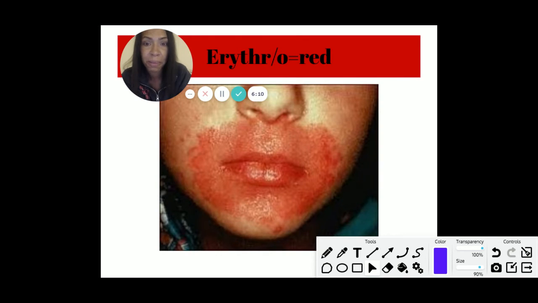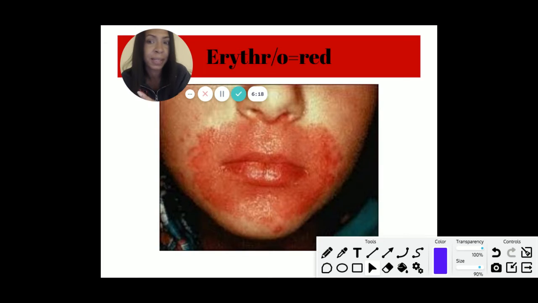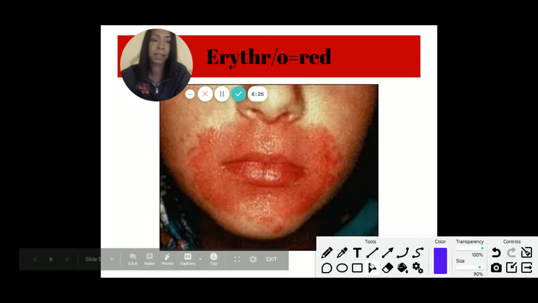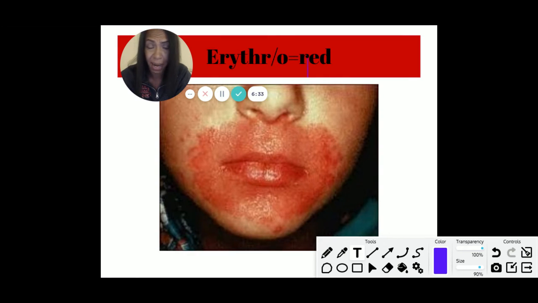Okay, so you probably came up with something like erythroderma, right? Erythroderma would be just general redness of skin. Erythrosis would be saying that's abnormal, that you have this red patch here. And in skincare, we tend to use this term that means you have a generic red rash and we don't know what it's from, and we call that erythema.